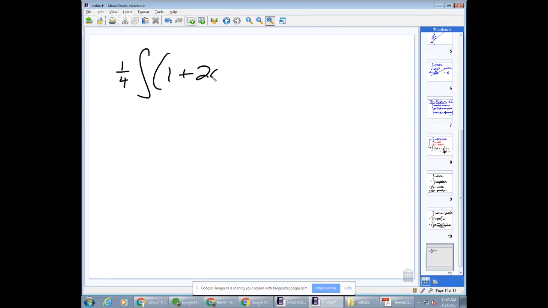We'll get 2 cosine of 2x. And then we'll get cosine squared of 2x, all with respect to x. And we have another predicament, another cosine squared. What do we do with that?